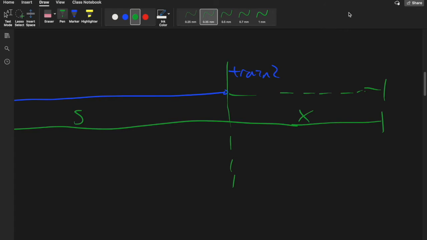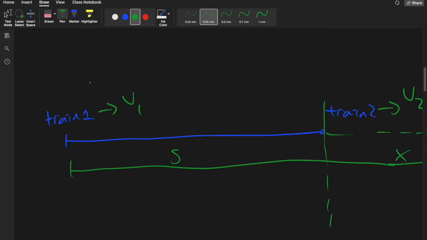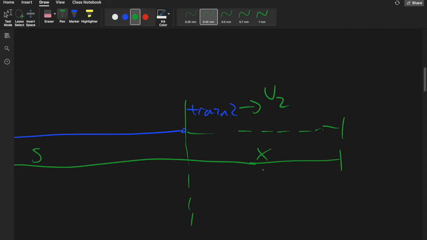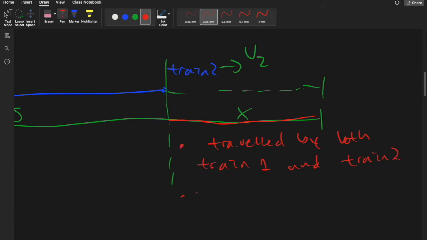Well, we know train 2 is moving at a velocity of v2, and train 1 is moving at a velocity of v1 with an acceleration of a. We also know that this distance x is traveled by both train 1 and train 2, and they have the same amount of time.